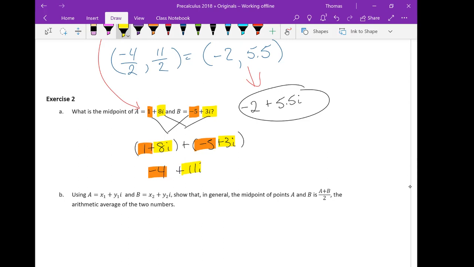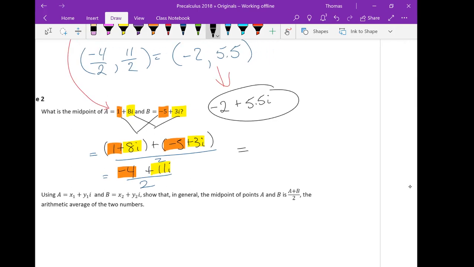So the only other thing we needed to do to find our midpoint was to divide by 2. So this gave us a really convenient formula. If we want to find the midpoint, we just take our numbers, add them up, a plus b, and divide by 2. So this is the formula we'll be using in this class.